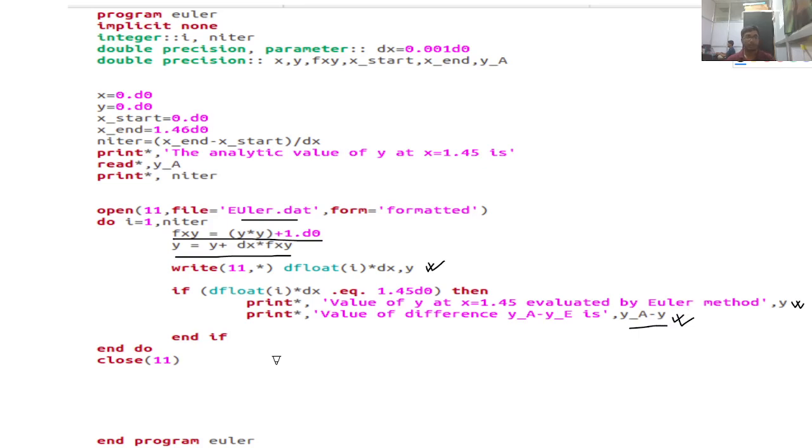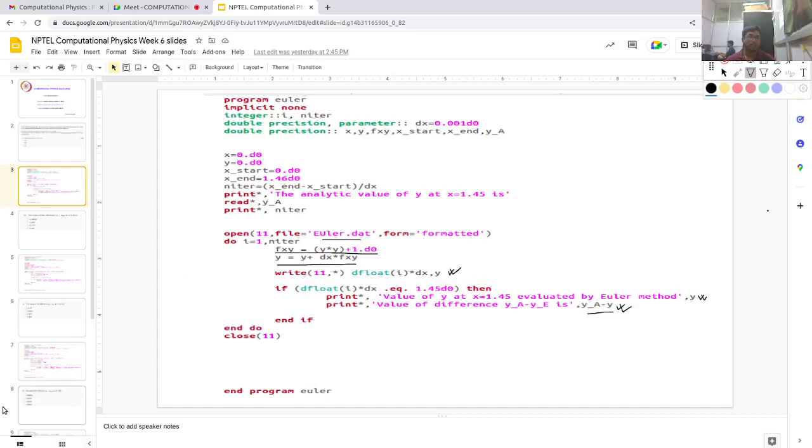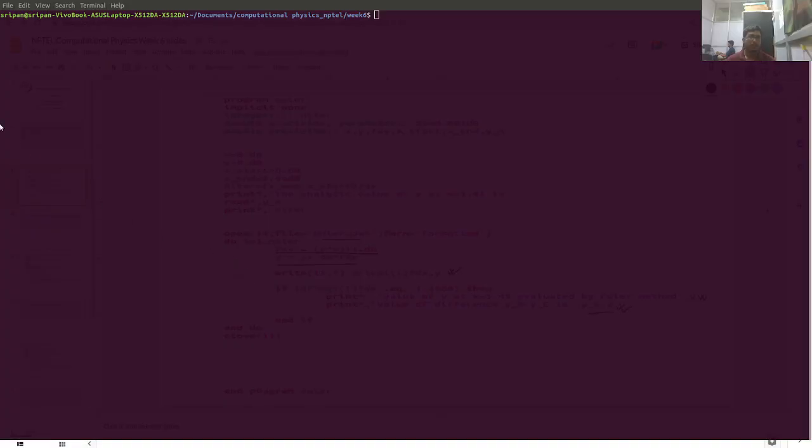So this will give us the answer for this question. Let us look at how this code is going to be run. Here is my terminal, and I am going to write gfortran euler.f.